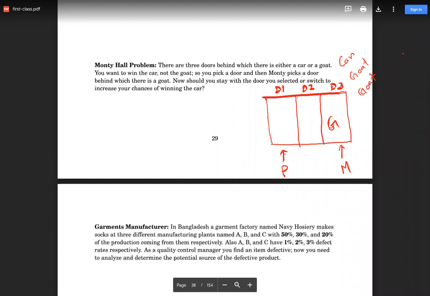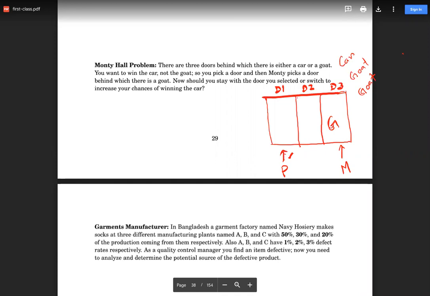Then Monty is going to pick one of the other two remaining doors that has a goat for sure. If you were to select the middle door, then Monty is going to select either door 1 or door 3, and whatever he selects, for sure, that one has a goat. Now, to increase your chances, should you stay with door 1 or should you jump to the remaining door that is not selected by Monty Hall?